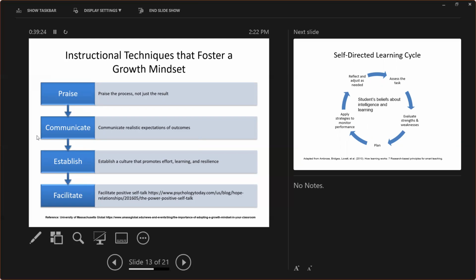And your expectations are realistic, and then students will feel more like they can achieve those expectations.